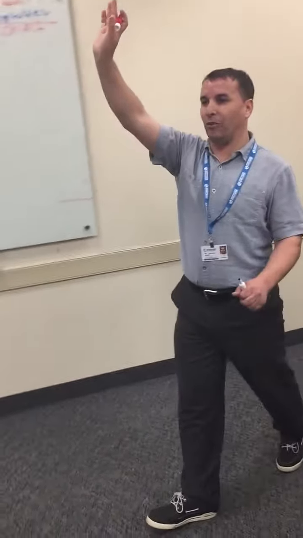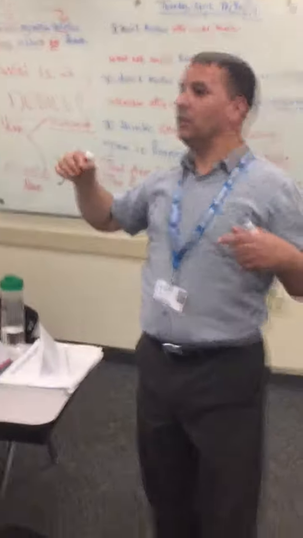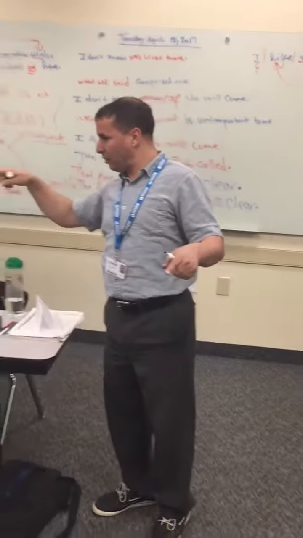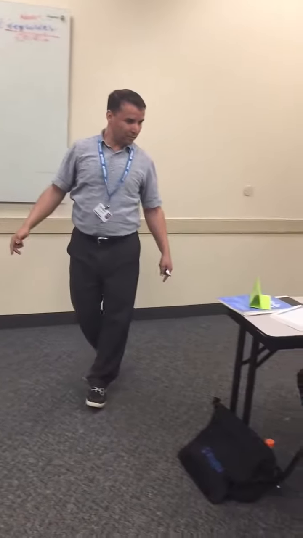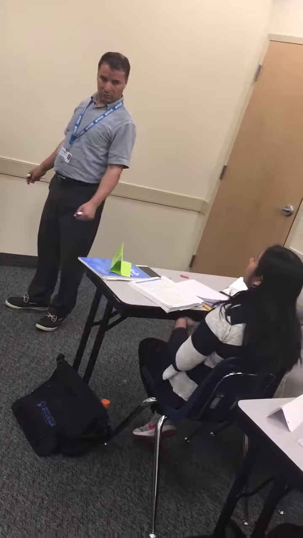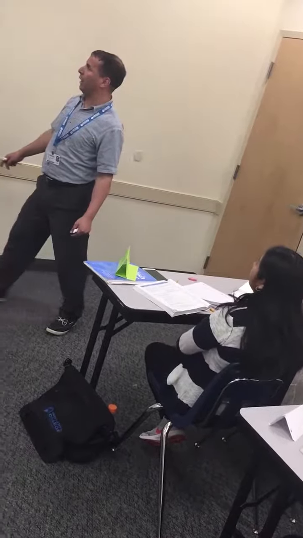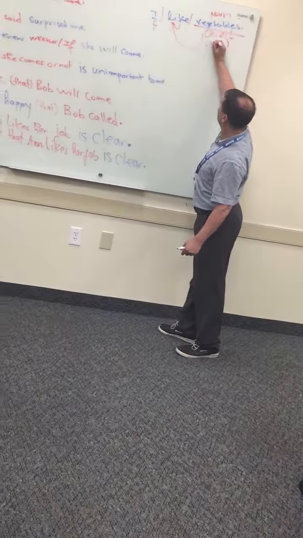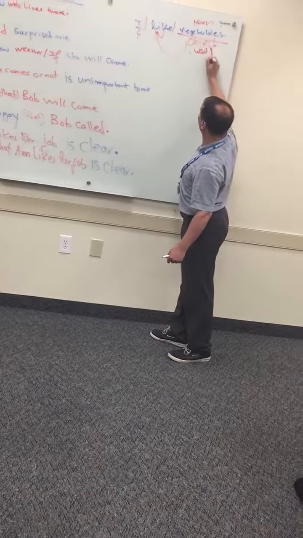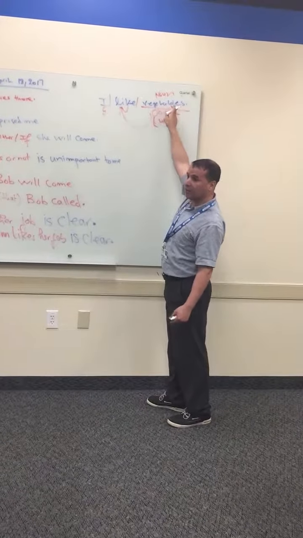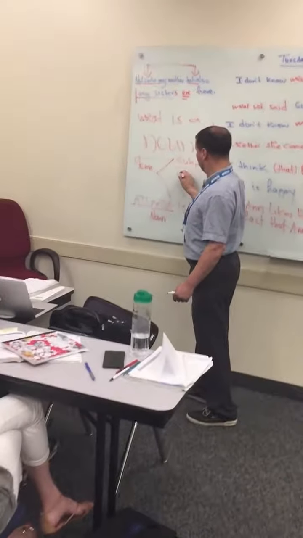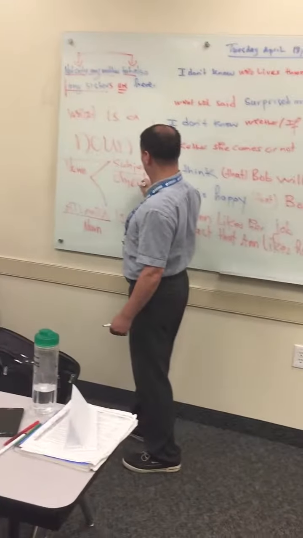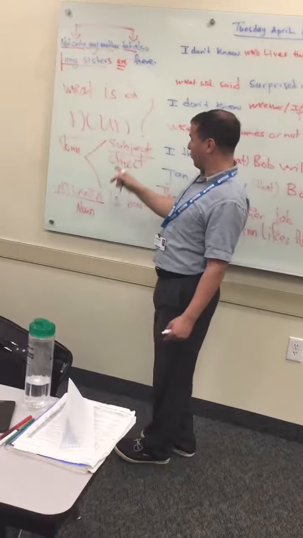How do I know it's an object? Can somebody tell me? Raise your hand. That way we're benefiting from each other. I need some other people. Okay, yes? Because it answers the question, what do you like? I like what? I like vegetables. So one of the other functions of a noun is object. So subject, object.